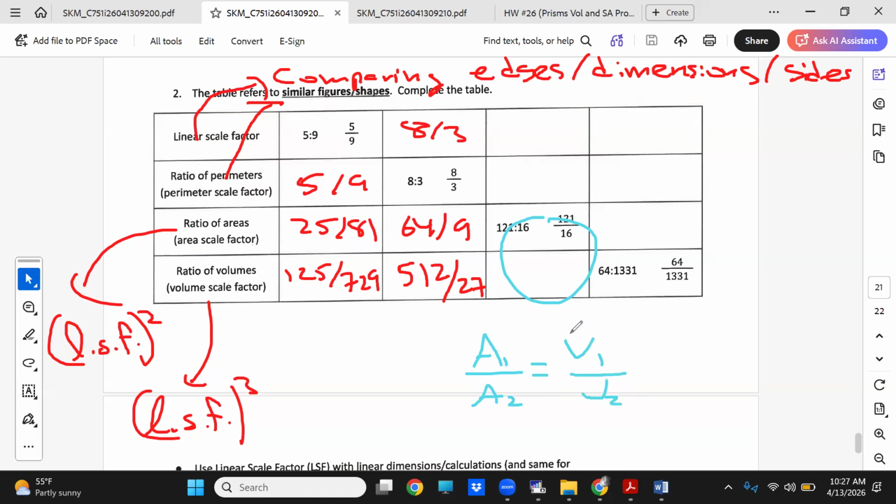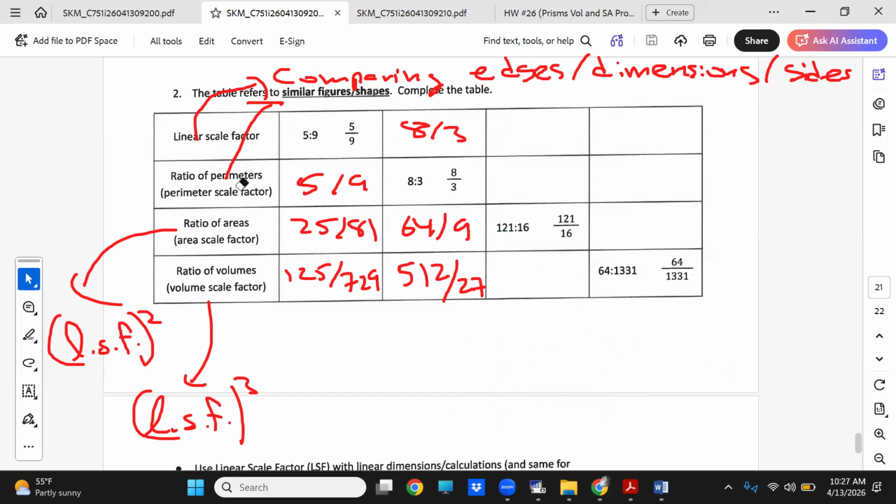If I'm not mistaken, I think you have to raise that to the 2/3 power, which you've not learned how to do. So anyway, let's not do that.